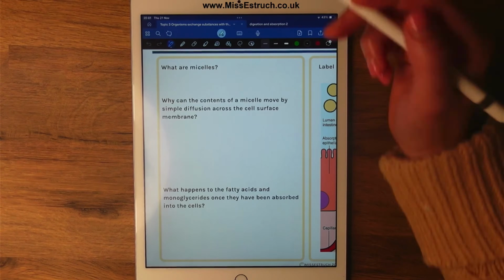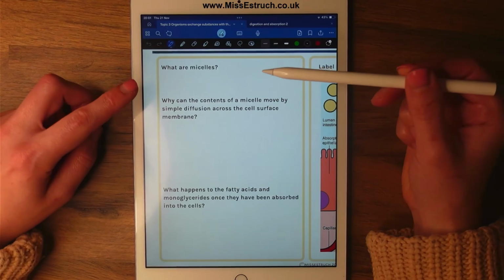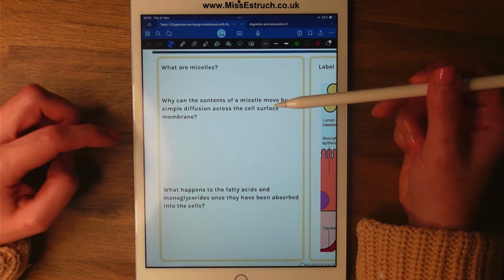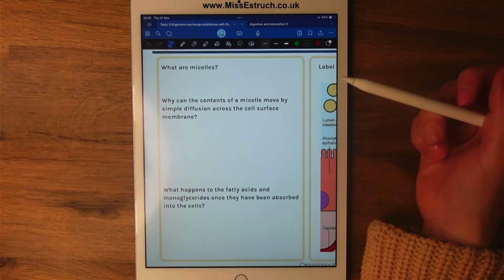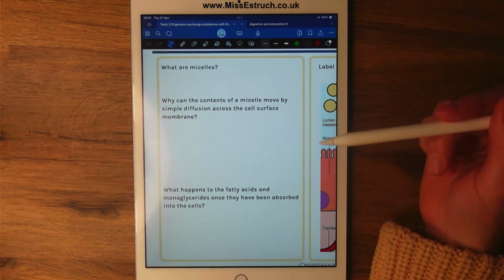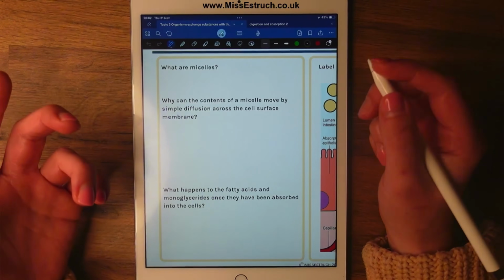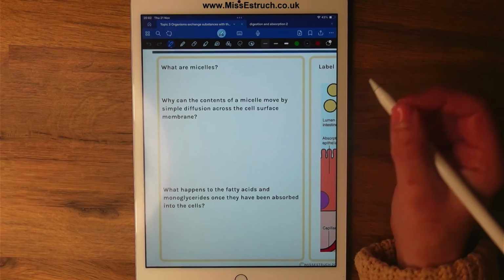So let's have a look first of all at what are micelles. What would we say is a micelle? This is for AQA, but there's lots of overlaps with OCR and all the other exam boards.